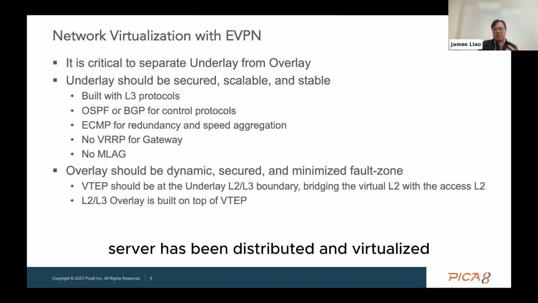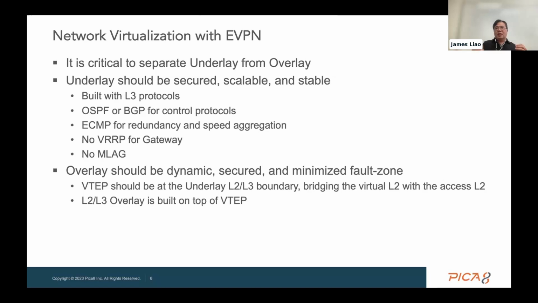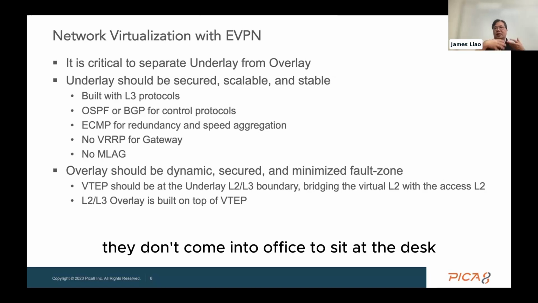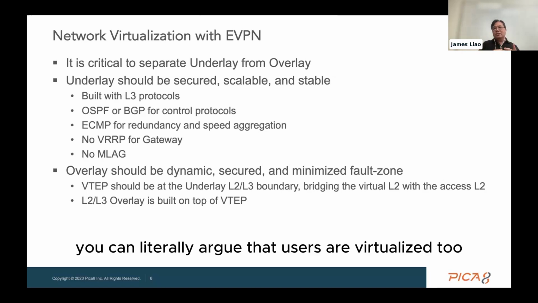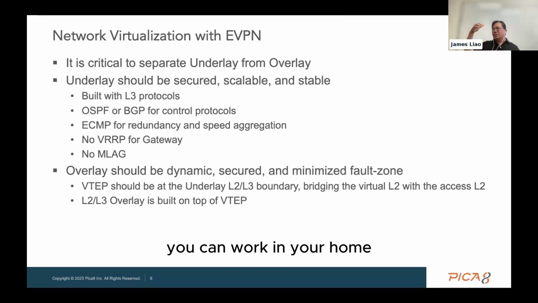Servers have been distributed and virtualized. Even users don't come into the office to sit at the desk every day anymore. You can literally argue that users are virtualized too. You can work in the office, you can work at home, you can work on the beach, you can work in a conference room 300 miles away from your office, right?